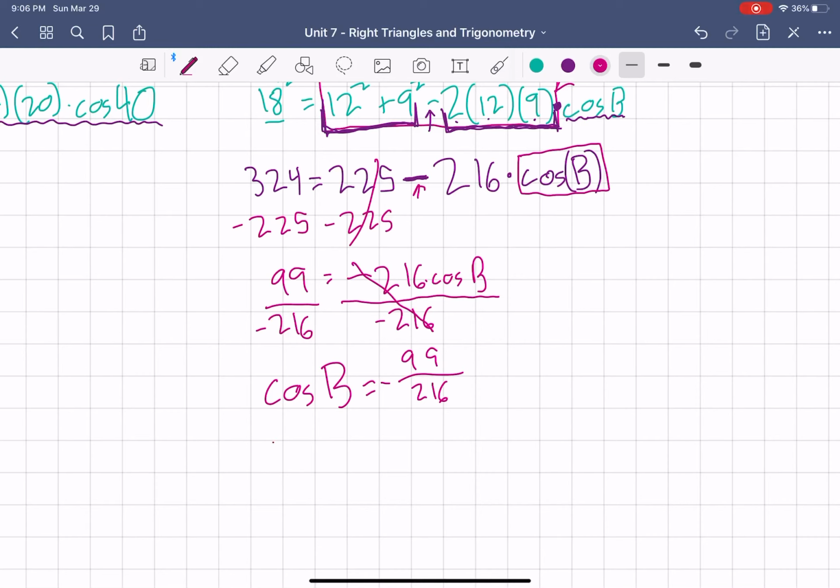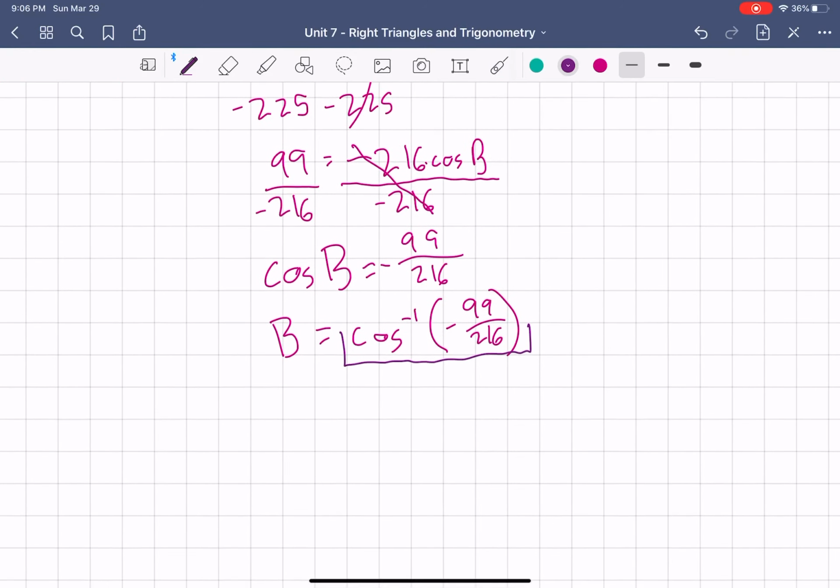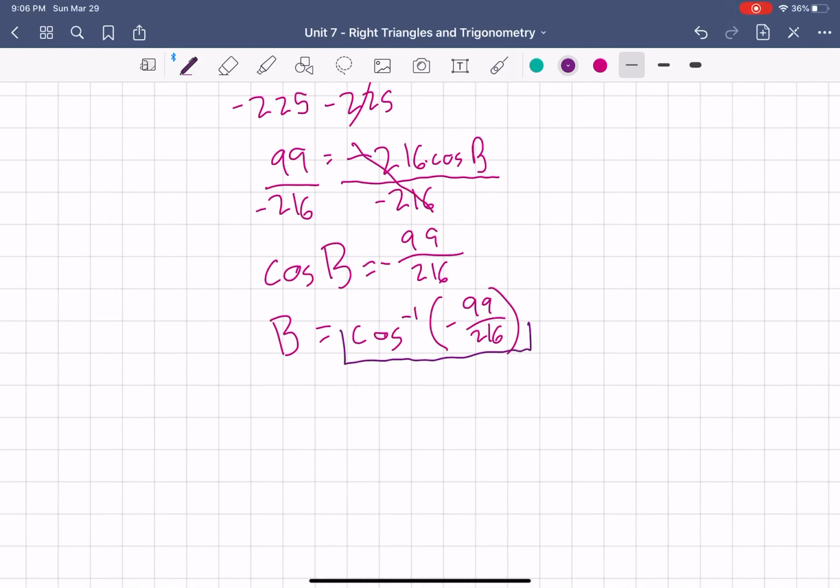So then to find B, since we have cosine of B, we're going to use the inverse cosine. So this piece right here is what you're going to plug into your calculator: the inverse cosine of negative 99 over 216. And when you do that, you should get that B is approximately 117.3 degrees.